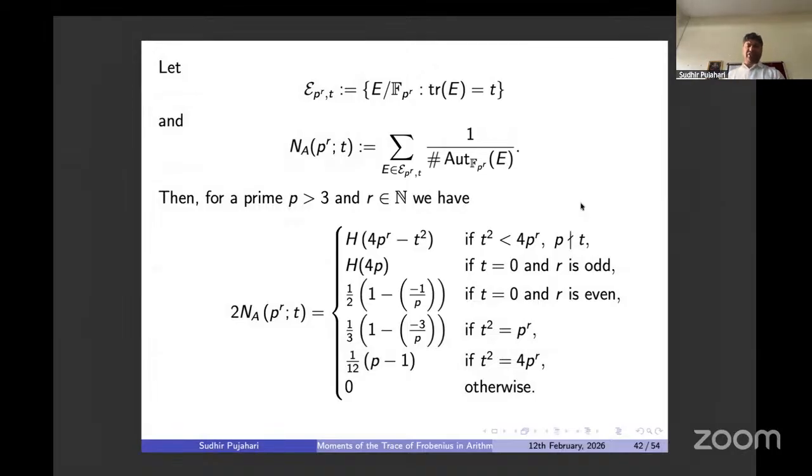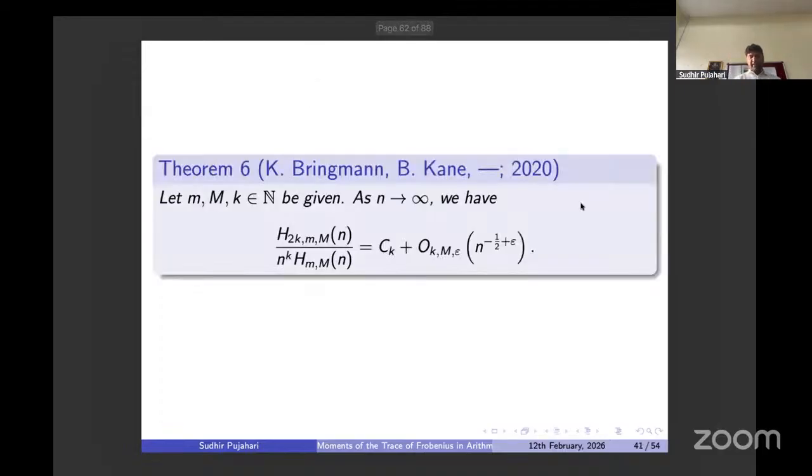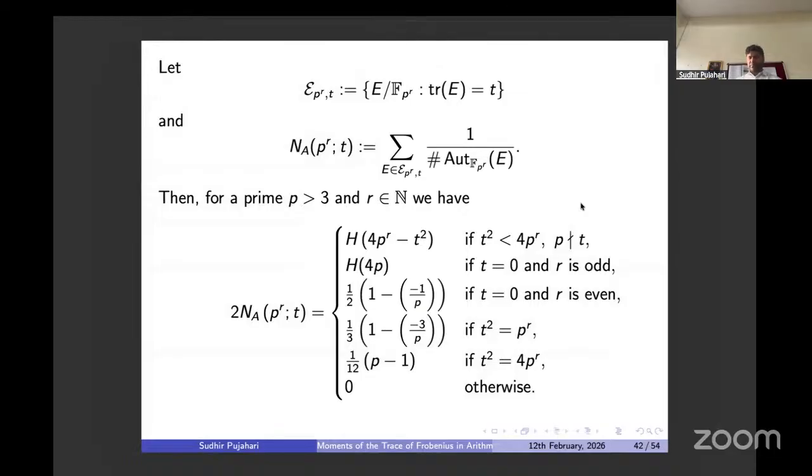And using this connection, if we can prove the even moment of the Hurwitz class number, we can go back to the even moment of the trace of Frobenius. It requires some more work, but nevertheless, because we have this connection, we can go back from one to the other.